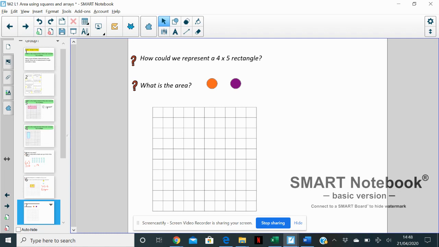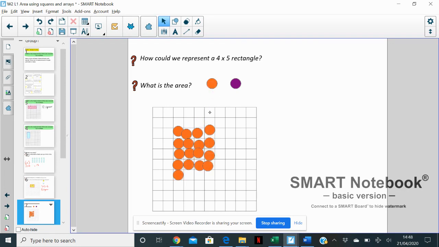So I need to make an array to represent this rectangle. So I know I'm going to have 4 going along, and there's going to be 5 rows. Now, as I'm doing this, I'm thinking about what multiplication fact I've got from my array, which is going to help me quickly work out the area of this rectangle.